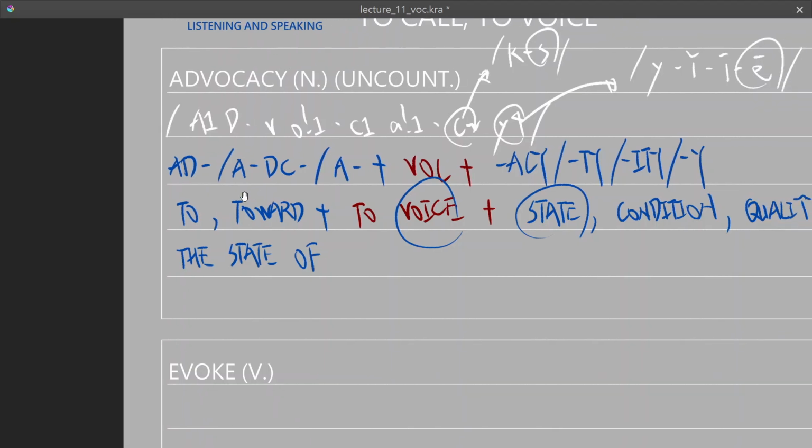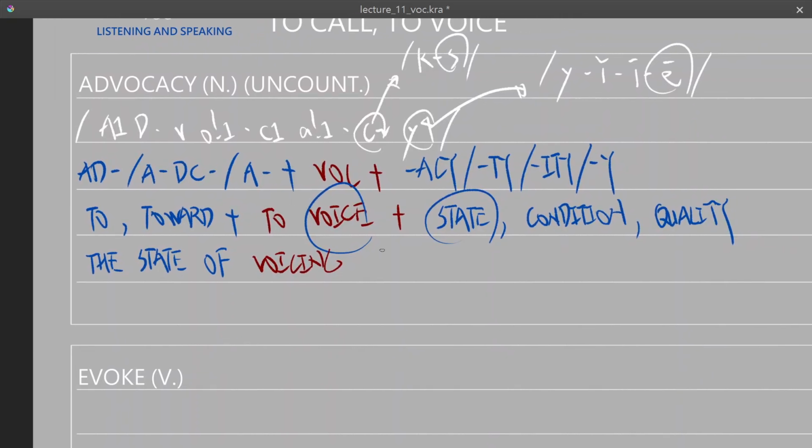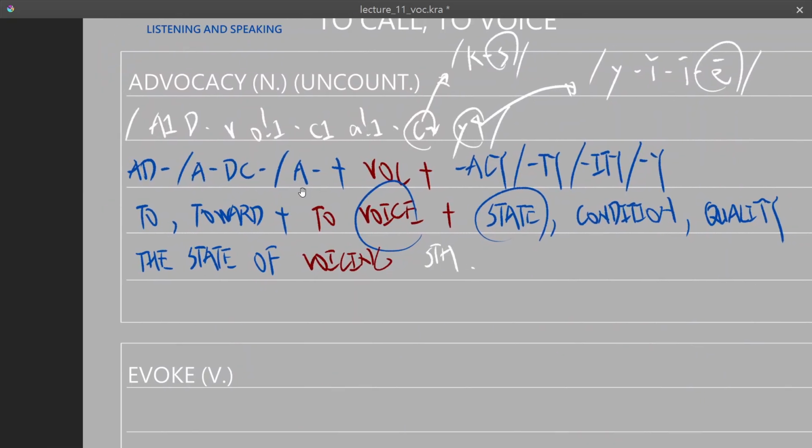The state of voicing something. And the meaning of to or toward is already hidden in the interpretation itself.